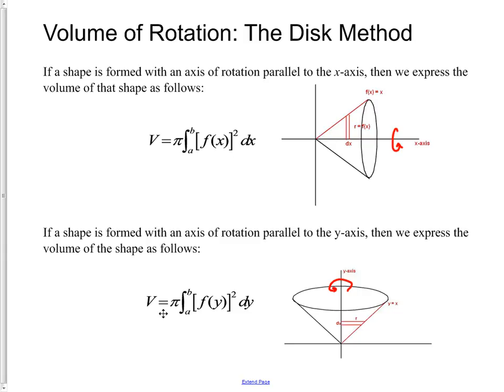And for the volume with a vertical differential, if we've got a function x in terms of y, we can fit a dy strip right here and rotate that about the y-axis this time, and get a disk of width dy and take the sum of all those. Well, there we go, right? We're going to get pi times the integral of f of y squared dy. Same sort of idea that we were dealing with before.